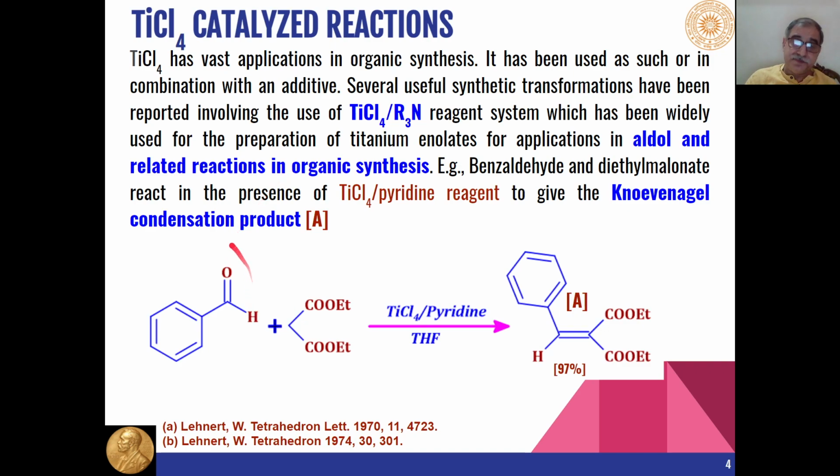For example, if we use benzaldehyde, which is a non-enolizable aldehyde, with diethyl malonate, that is this diester, in the presence of titanium tetrachloride and pyridine, this will undergo a Knoevenagel type condensation, wherein two hydrogens from this methylene group and oxygen from this group will be removed as water, and this carbon oxygen double bond will be converted into a carbon carbon double bond, and the product is formed in 97% yield.